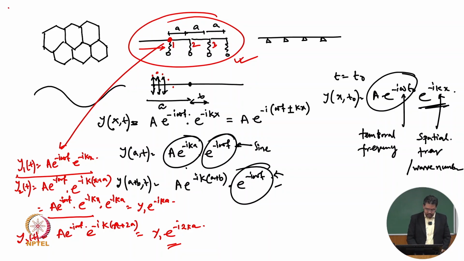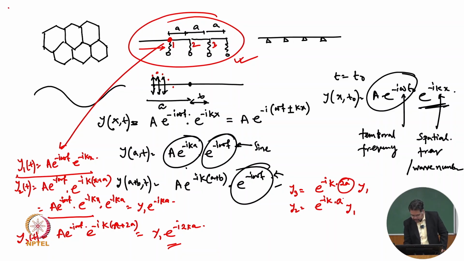Most importantly, y3 is equal to e to the power of minus i k into 2a into y1, and y2 equals e to the power of minus i k into a into y1. So whatever the distance is from y1, that distance appears here, and other things remain constant. Agreed?